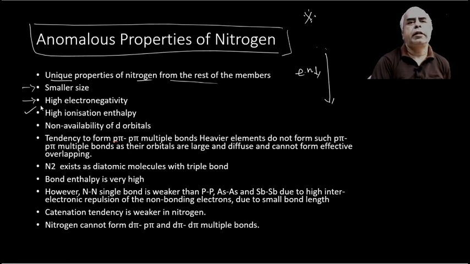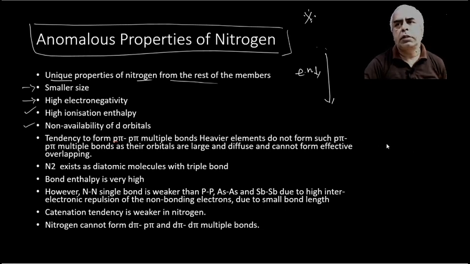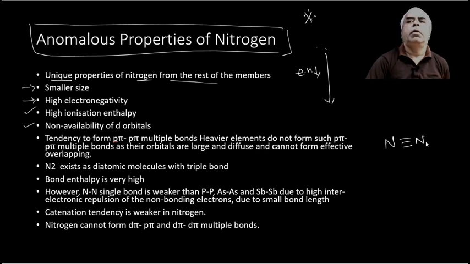Likewise, high ionization enthalpy and the absence of d orbital is also a very important character. Then it has the tendency to form p pi multiple bonds. What do you mean by this? For instance, let us consider nitrogen. By itself it can form pi bonding.